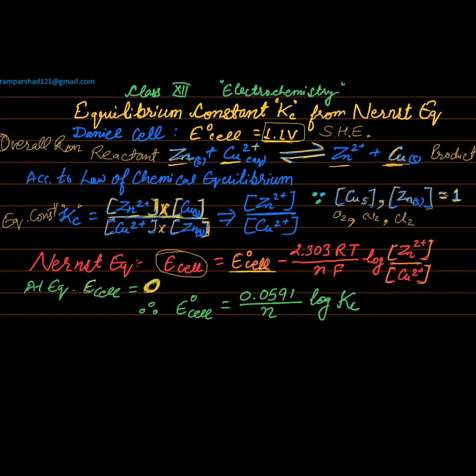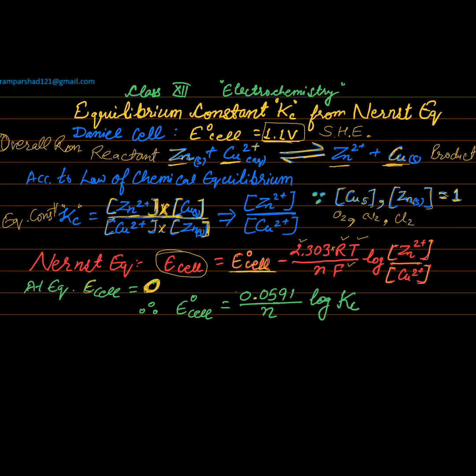So when we further calculate the values of these four parameters, that is 2.303 multiplied by 8.314 multiplied by 298 Kelvin and divided by Faraday constant, it becomes 0.0591.